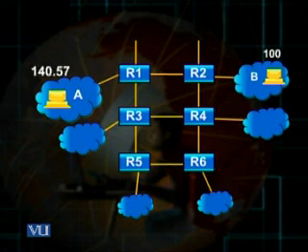Then in the subsequent layer, the two IP addresses would be placed on the header with the help of IP protocol, meaning the IP address of machine A, which would be supplied to it through the DHCP server hosted by the ISP, would be placed on the header. Besides, the IP address of the web server, which was just received through DNS, would also be inserted on the header. And afterwards, this packet would reach R1, the router of this subnet 140.57.